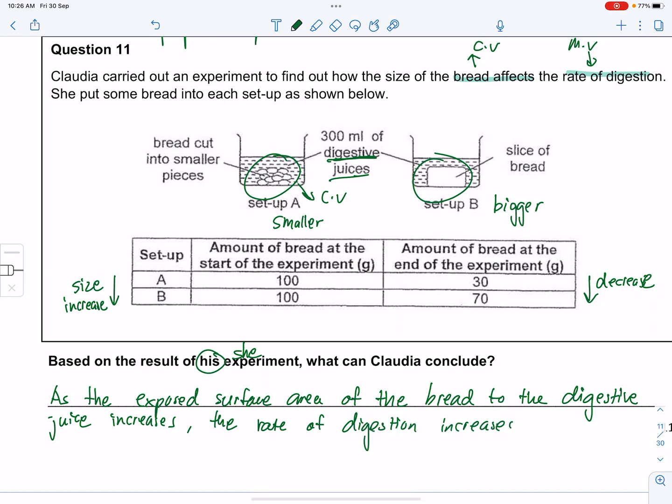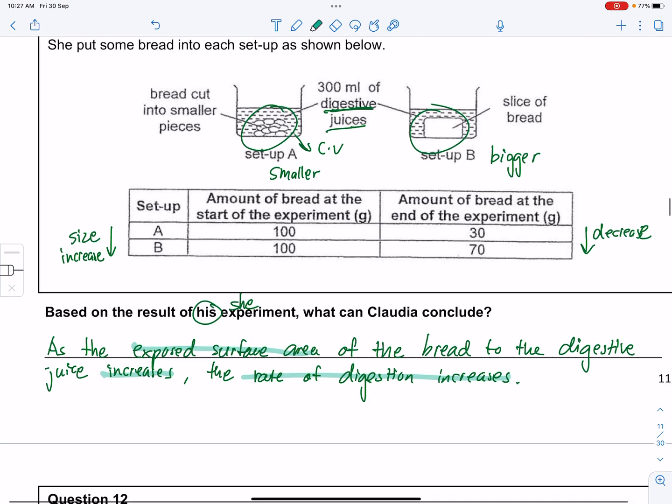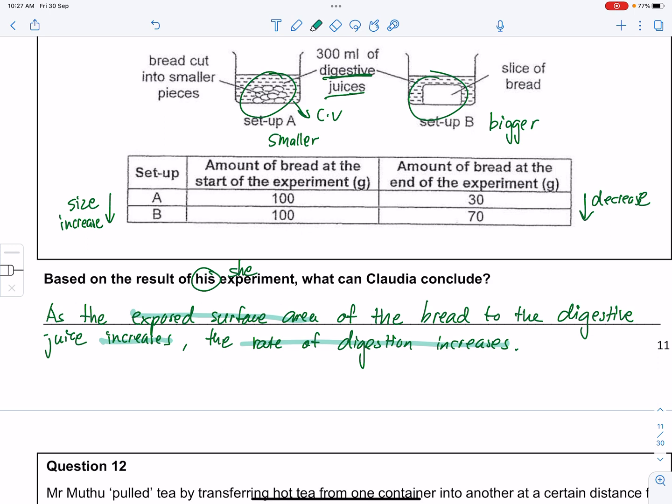Okay? This part and this part. Okay, so one more time. The size of the bread actually represents the amount of exposed surface area to the digestive juice.